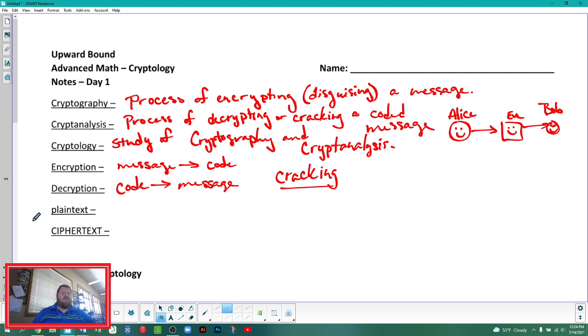And then we have two versions of writing, because most of what we're doing in this class is going to be letter-based. So we have what we call plain text and ciphertext. The plain text is the original message.